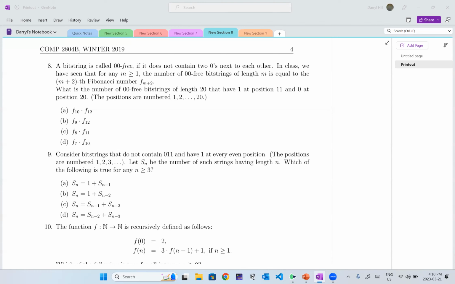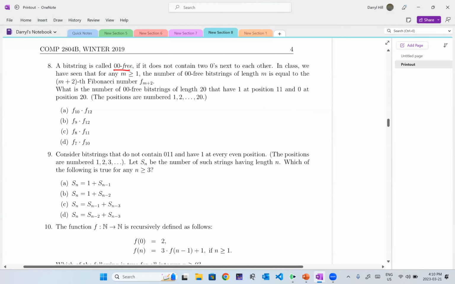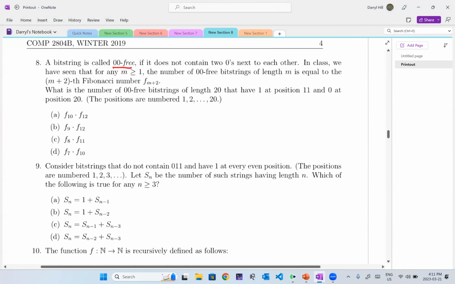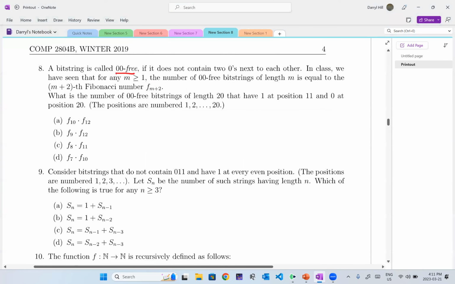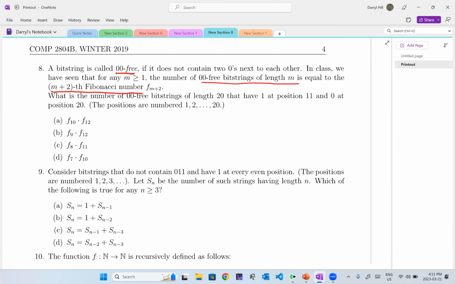Question 8: I have a bit string. It's called 00-free if it does not contain two zeros next to each other. We've looked at 00-free bit strings in class, and what we found is that the number of 00-free bit strings of length m is equal to the (m+2)th Fibonacci number.